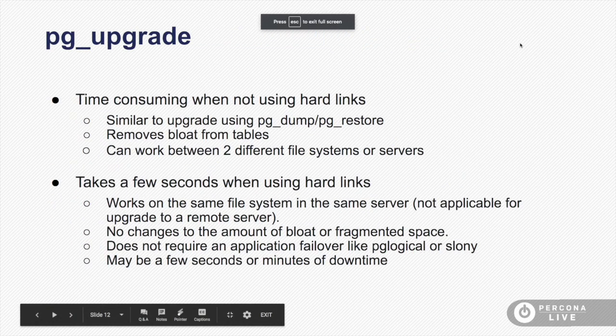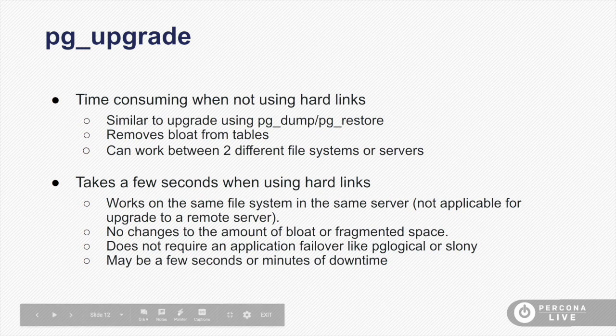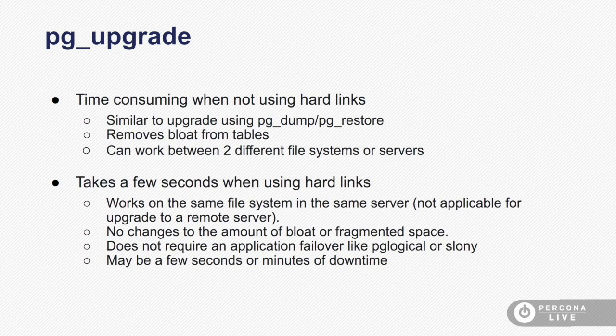That's available built in with Postgres already, and you could use the hard links option, which would actually go ahead and do the upgrade in place without needing double the disk space, right? So the hard links option can be used, which would just work with the inodes, but however it would not take into effect things such as bloat or fragmented space.